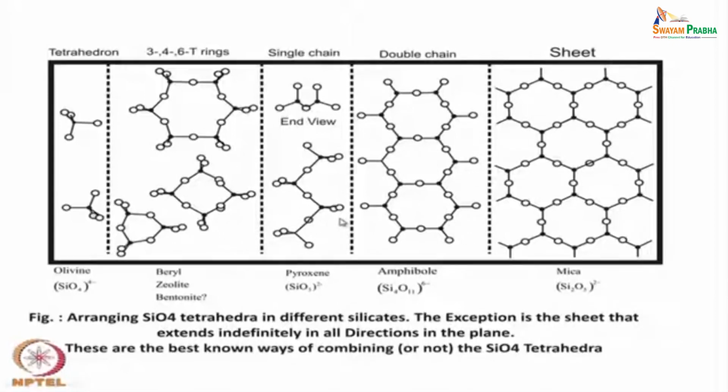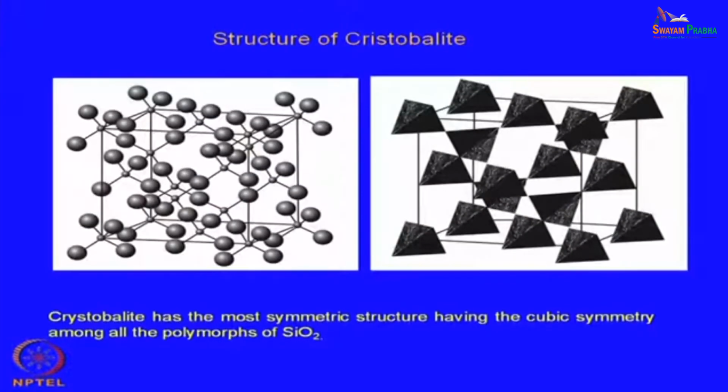So, no other cation is needed for combining with oxygen, and therefore it is what we call a framework structure or network structure, where only oxygen and silicon satisfy all the bonds of silicon as well as oxygen.